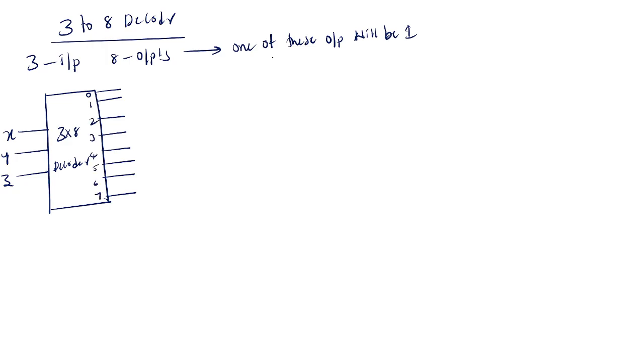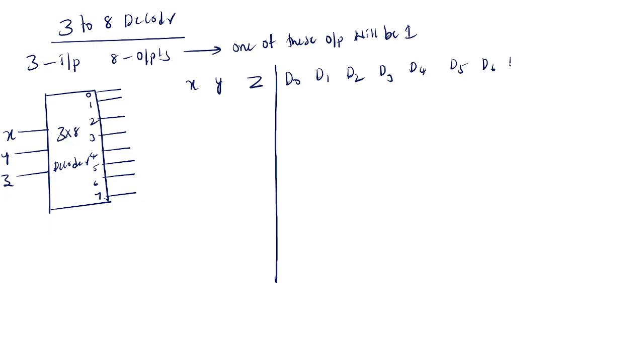So if you see the truth table, X, Y, Z, and outputs D0, D1, D2, D3, D4, D5, D6, and D7.